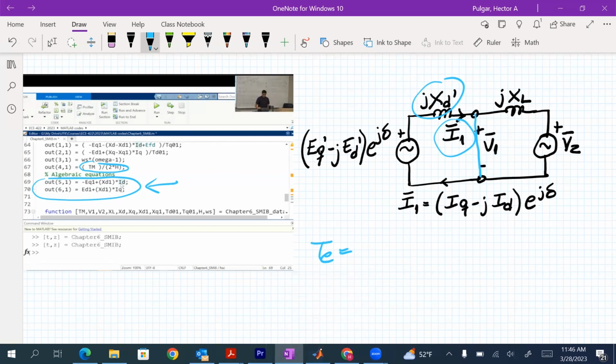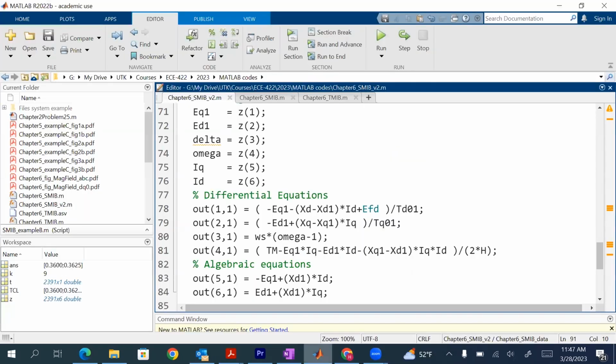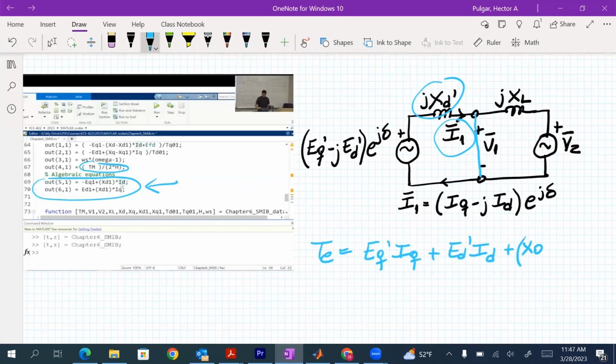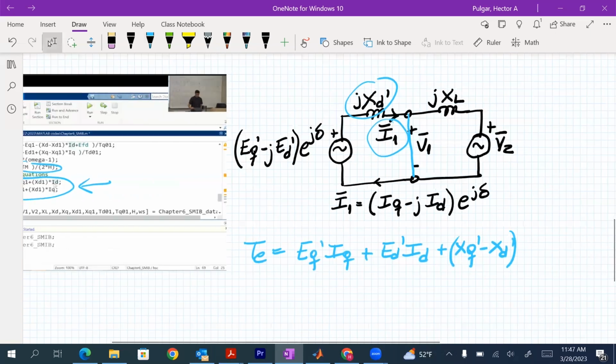So we have an expression that is EQ prime multiplied by IQ plus ED prime multiplied by ID plus some additional term given here, (XQ prime minus XD prime) multiplied by IQ and ID.